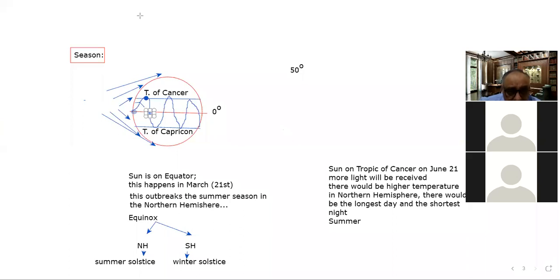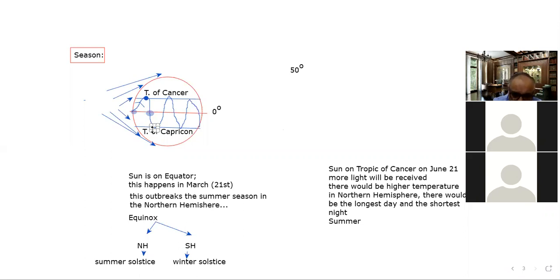And then on this 22nd of December, the sun would be here. So when the sun is on the Tropic of Cancer, the sun is far away from India, right? And then what would happen?